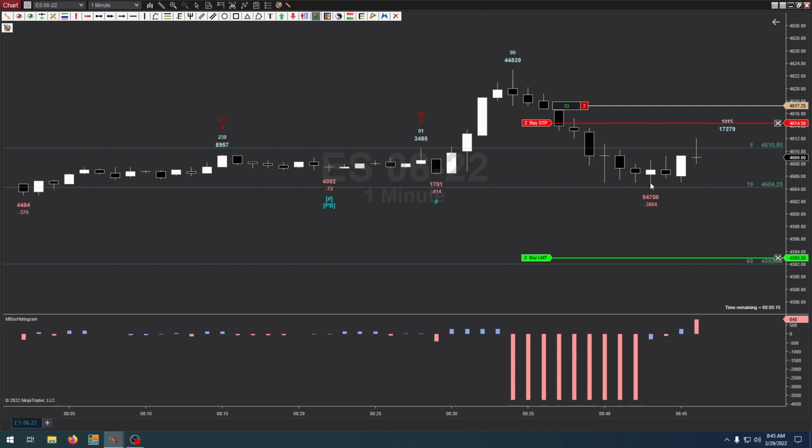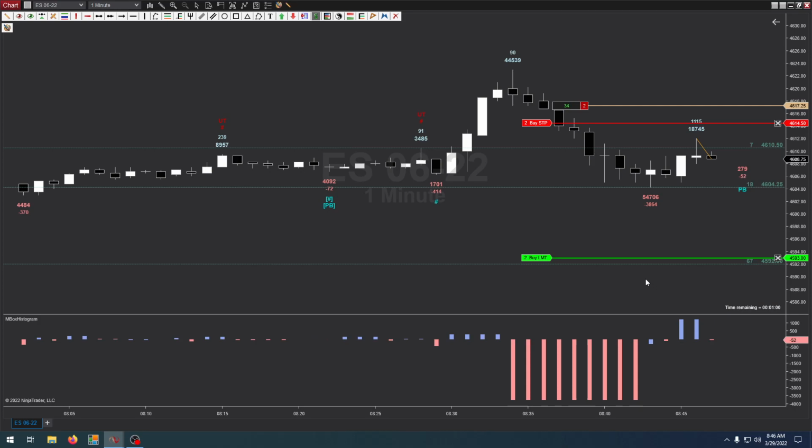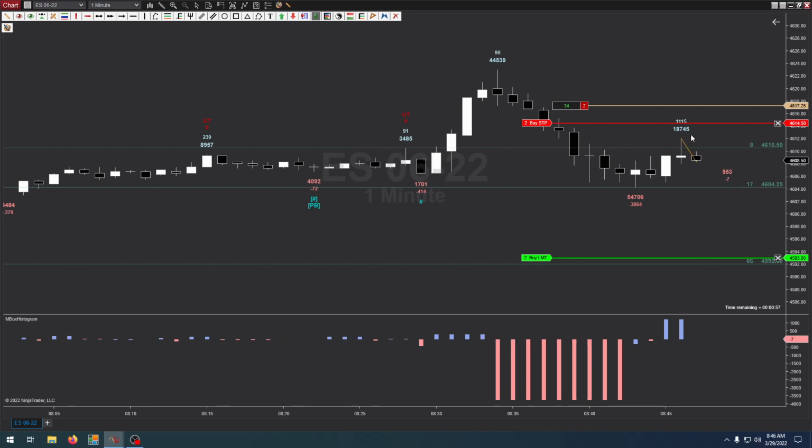But that's how we create geometry right there to go short. Will we get geometry created? Okay, we have a confirmed swing high right here, a good geometric look. We need supply to come back in right here. Need some supply. Very large positive volume delta here, so we're probably going up to this high.